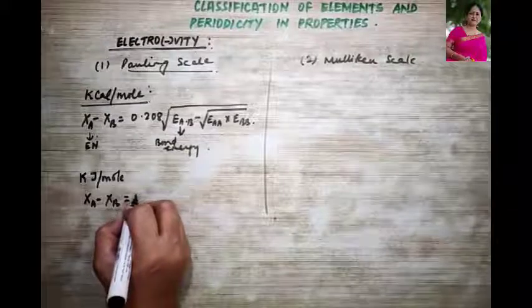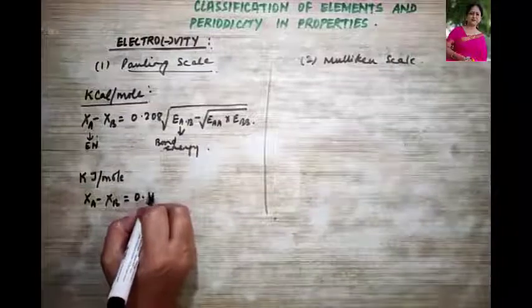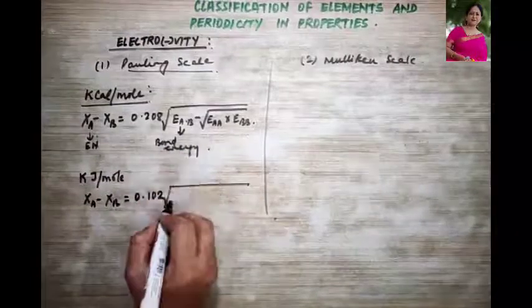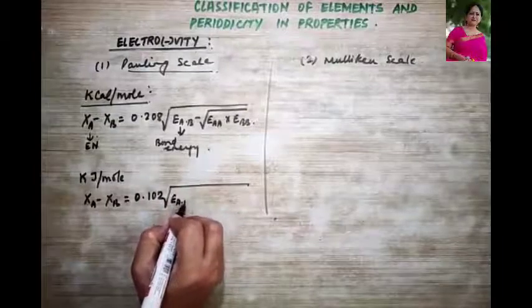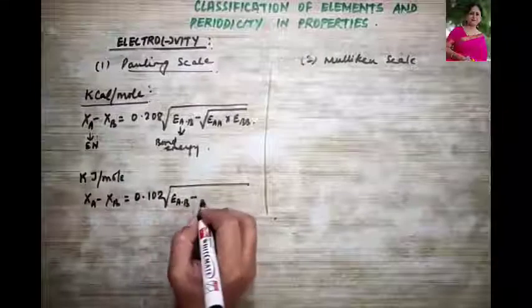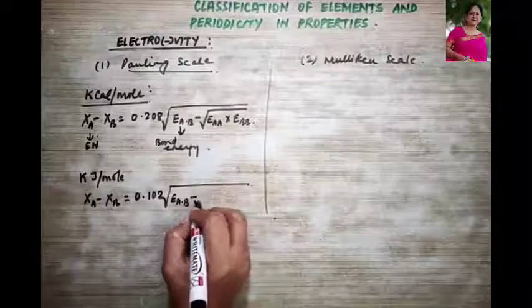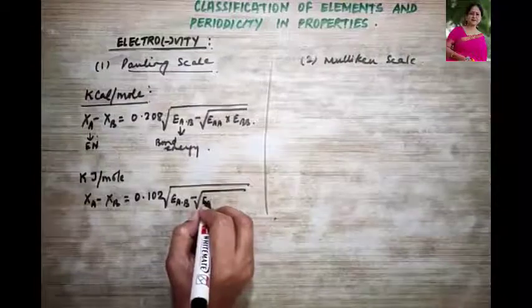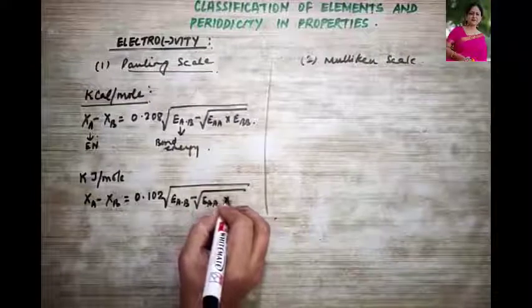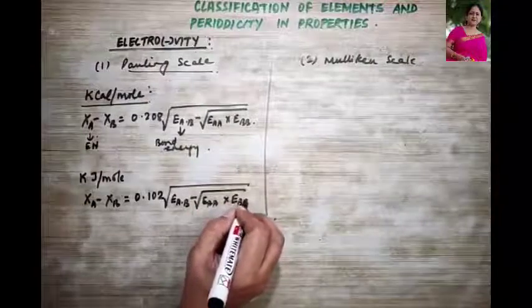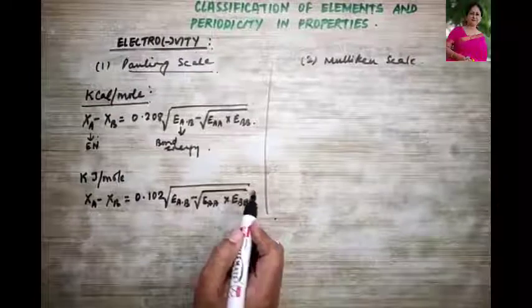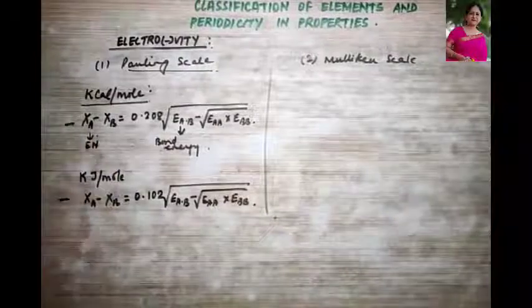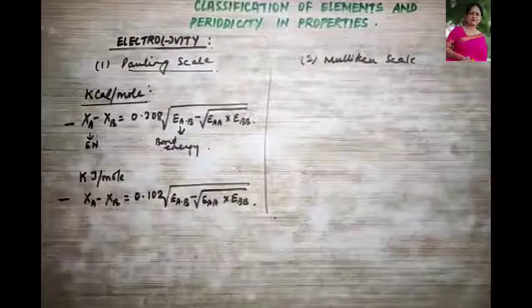We will take the value as 0.102 under root the bond energy between AB minus, right, the bond energy between AA into bond energy between BB, right? So these are the 2 formulas that you need to remember for Pauling scale.